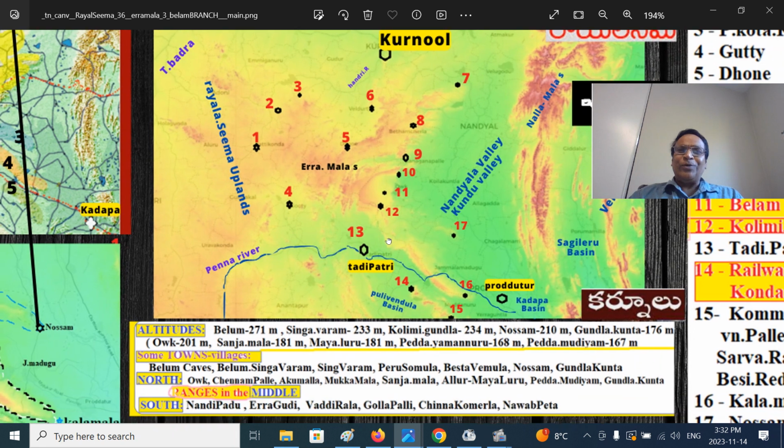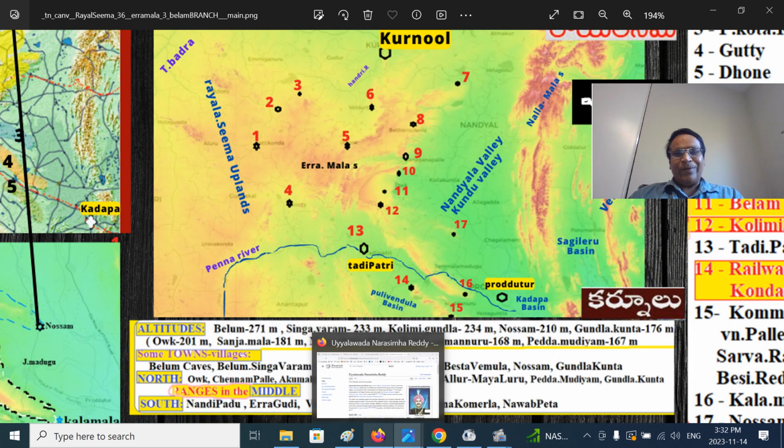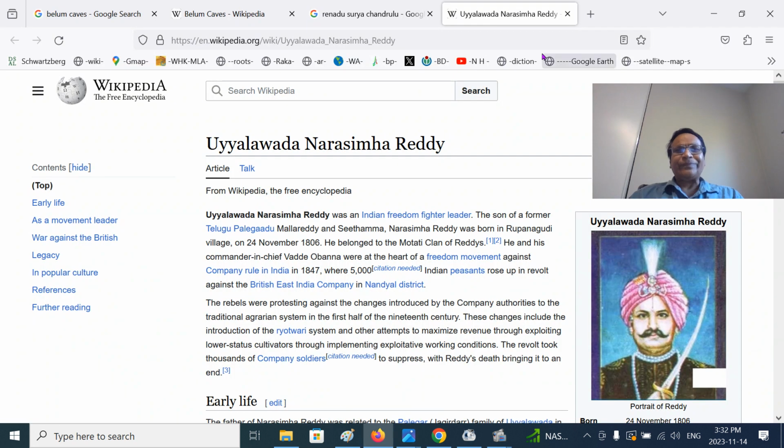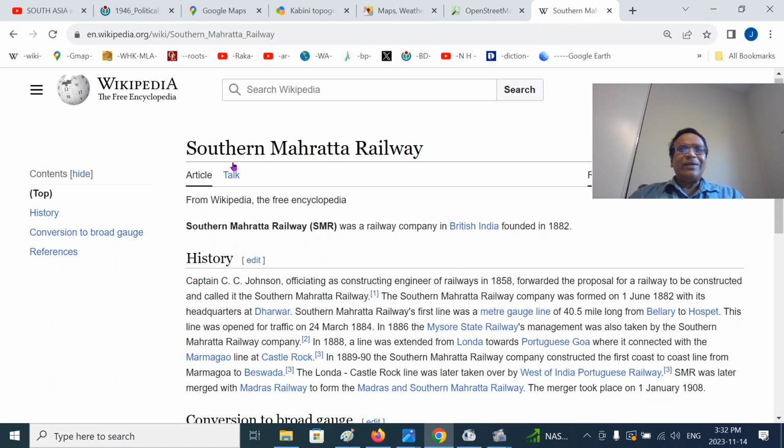Most rugged is the heartland of ErraMalas, that is the Cement Nagar railway station, BethamCherla railway station, Rangapuram railway station, and Drunachalam railway station, where the railway line was built by the Mahratta Railway Company in roundabout. The Mahratta Railway Company built this railway line that went through the Southern Maratha Railway Company.